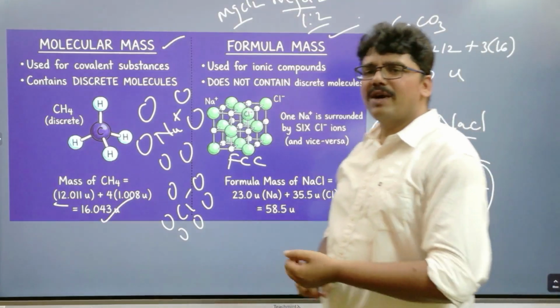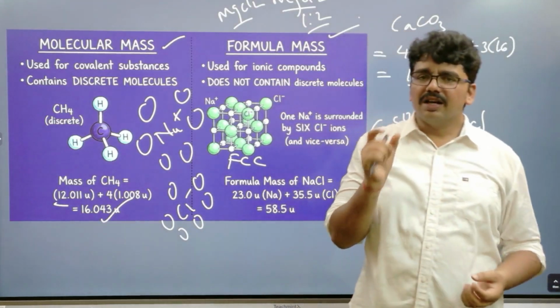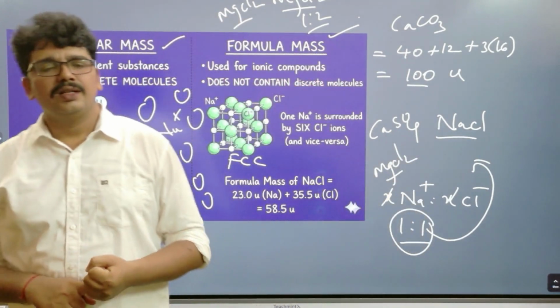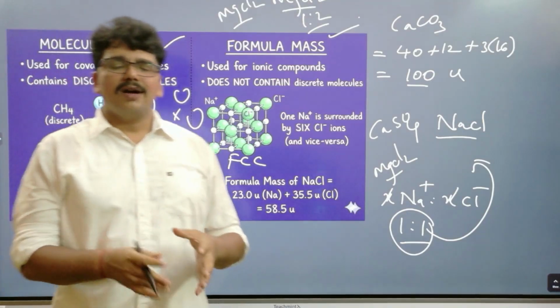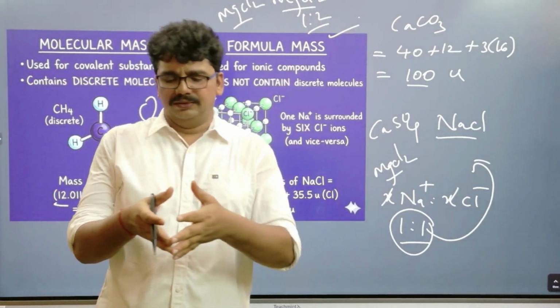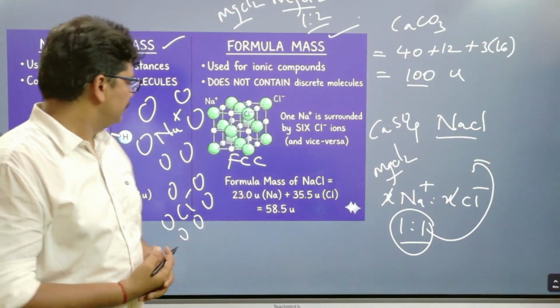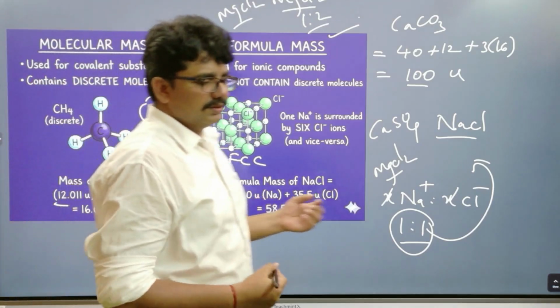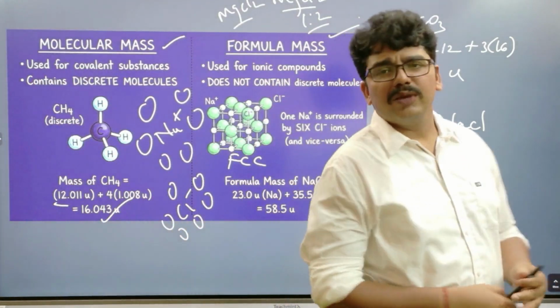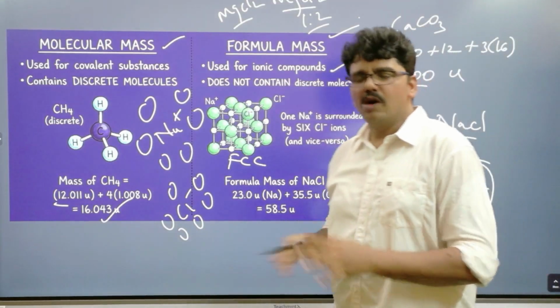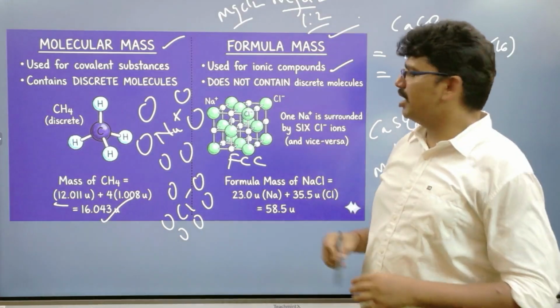So the term molecular mass is used only for molecules. Covalent compounds contain molecules, and the term formula mass is used for ionic compounds. Ionic compounds do not have molecules, they have formula units.